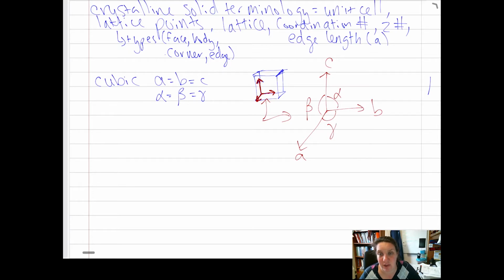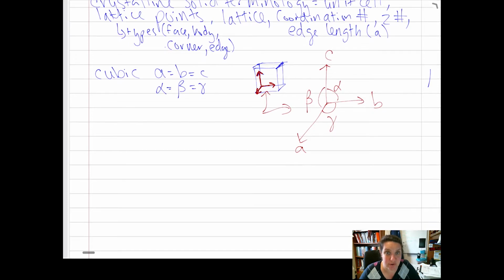Something like tetragonal, A and B will be equal, while C will not. Alpha, beta, and gamma will be equal, so it'll kind of be an elongated cube, so it'll be higher. And then orthorhombic, A, B, and C are all different. Alpha, beta, and gamma are still the same, so it'll be elongated in two directions, so on and so forth.